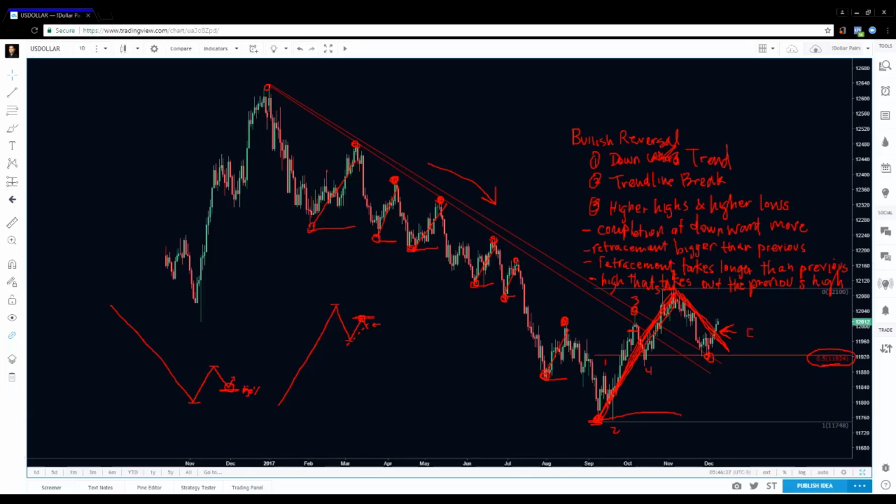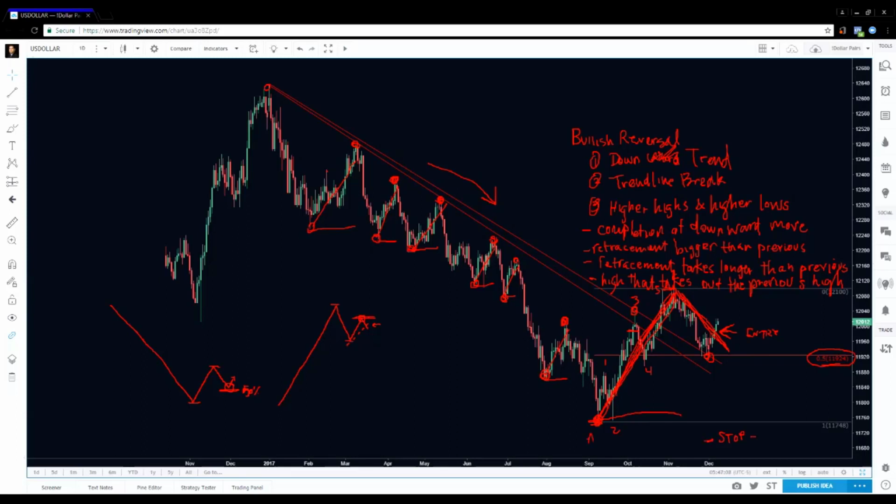This is your entry. You cannot just get into the trade very aggressively, because your stop has to be down here below this low. The trade has a dramatically higher percentage of success if you put your stop beneath the beginning of the move.